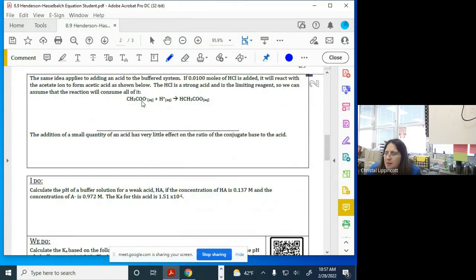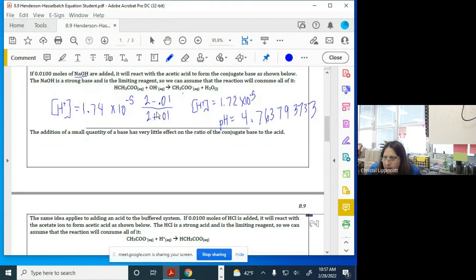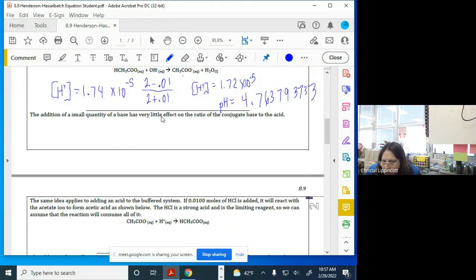All right, the same idea is going to apply if we do this with HCl. So this time, when we run the equation, we're going to have our H plus concentration added to the top. Our H plus is here, 1.74 times 10 to the minus 5.